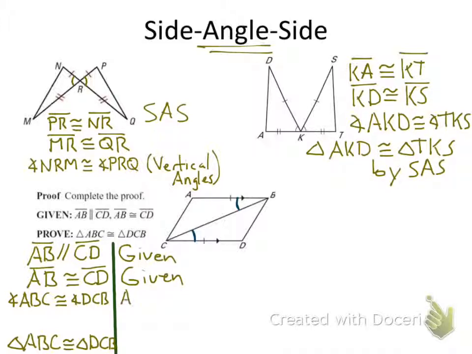And that is the alternate interior angles. My big hint to you, when you see parallel lines, look for alternate interior angles or possibly corresponding angles. They will show up. Why else would they give us parallel? We need congruence. Parallel will usually lead to those types of angles.